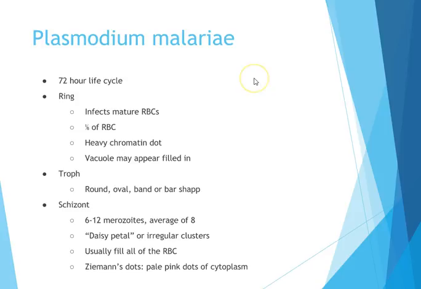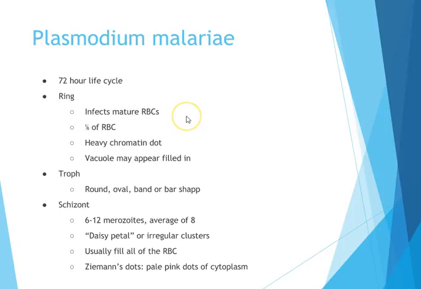Okay, with malariae, this one has a 72-hour life cycle, and the previous two only had 48. This one also infects mature red cells, so the red cells should look like the normal size.